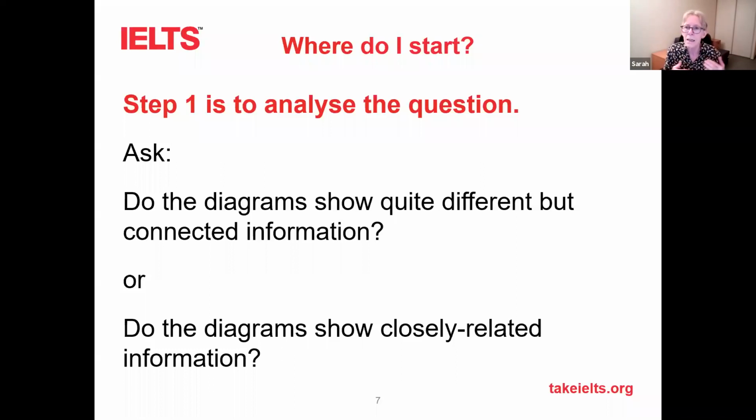My analysis is it tends to be one of those two types. They've either got different information, but they are connected, or they're actually quite closely related. And that is terribly important because that dictates the organisation of the whole essay.